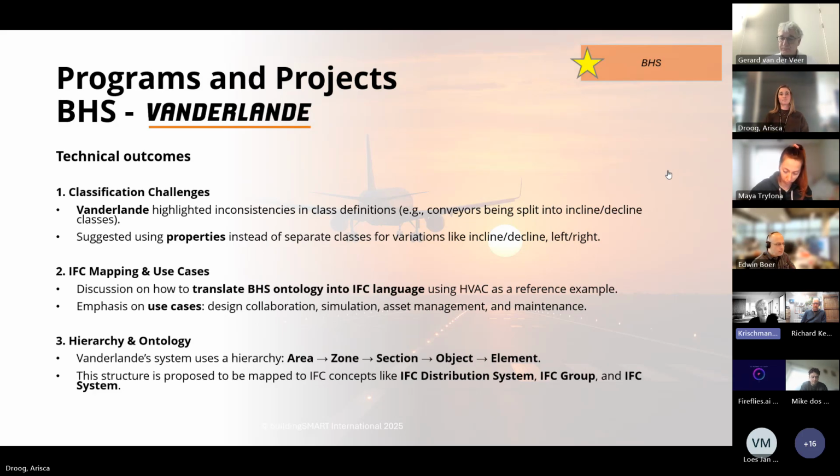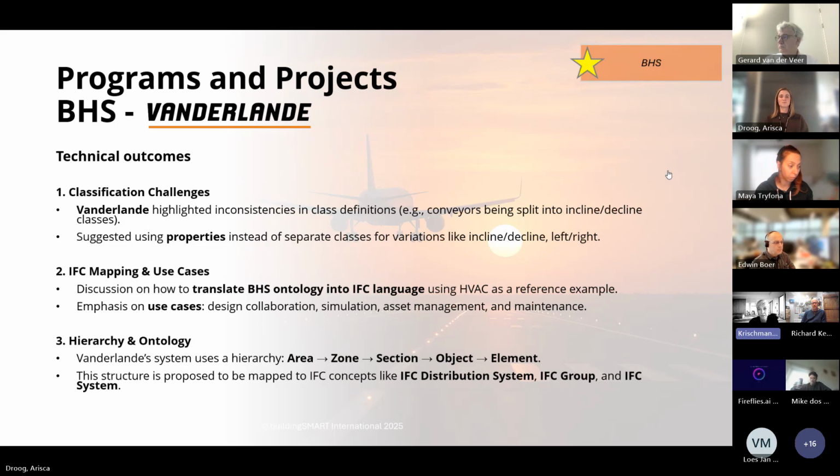And this is all regarding use cases. As Morten mentioned before, if you are looking at properties within the IFC data structure, we need to know why we need an information. And by that, we need to define the use cases, of course. So it's all about collaboration and simulation, but we always have to have a look at the final result, and that would be maintenance and operation, of course.